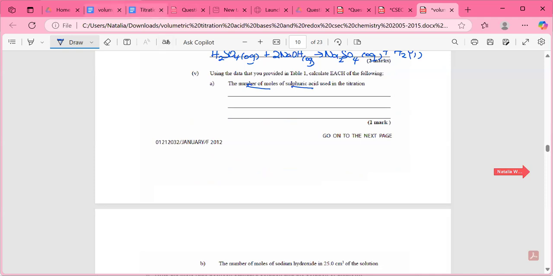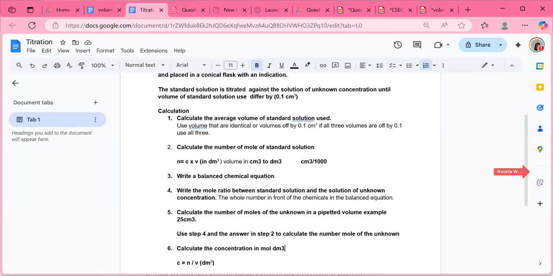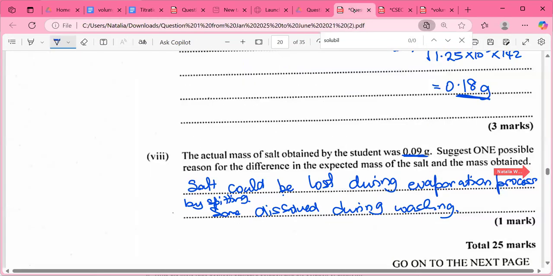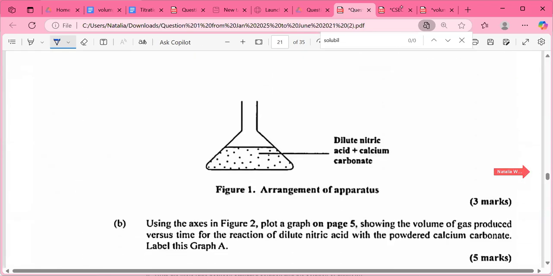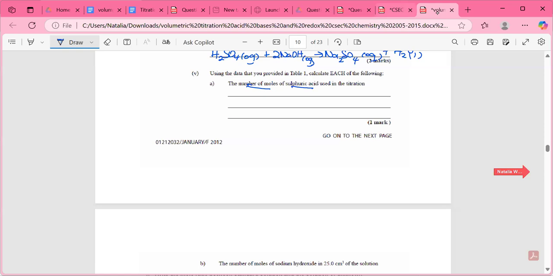So number of moles of standard solution is concentration times volume. Volume must be in dm cube.